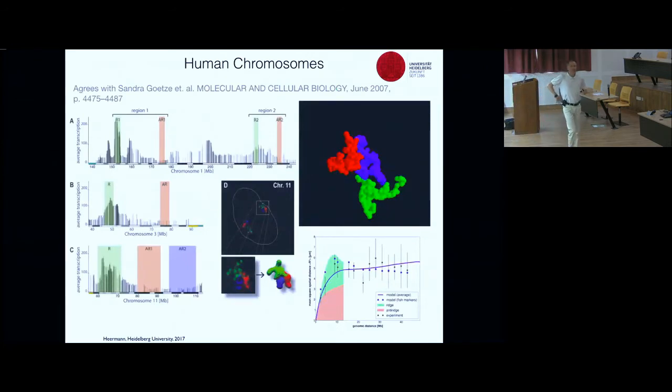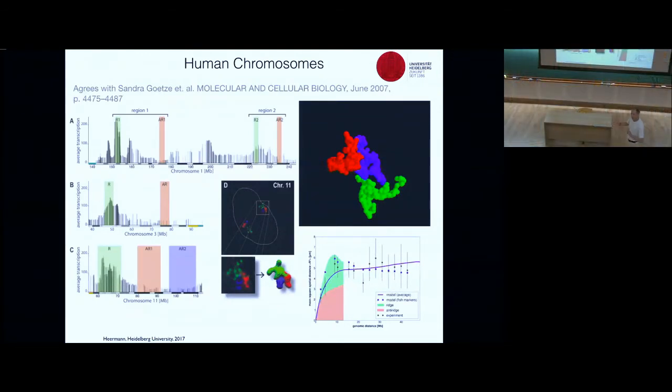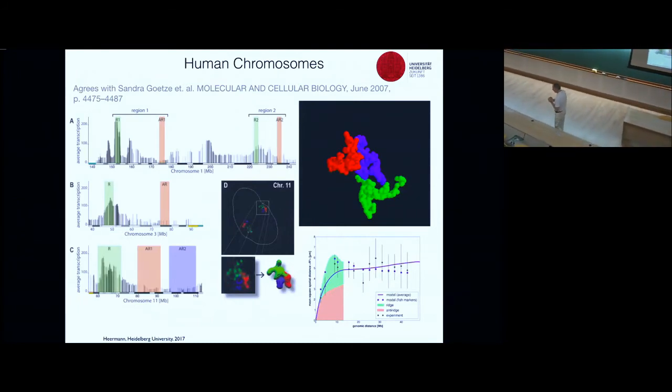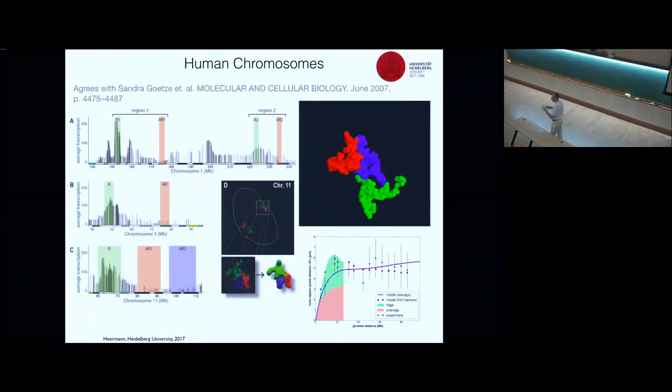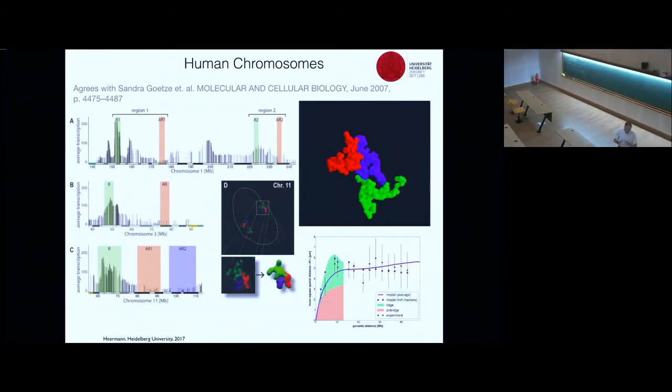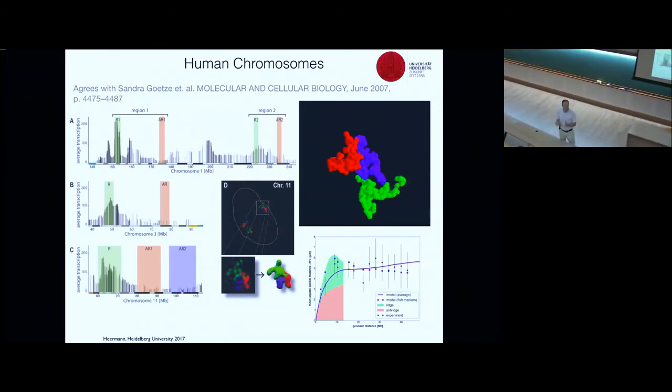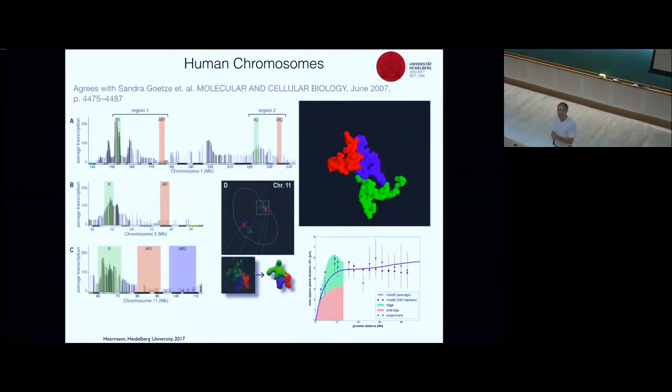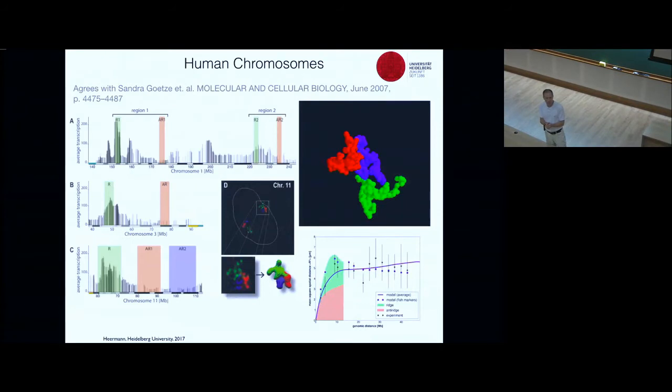Now, let's see how this actually organizes your chromosome. I told you that we see these globules, and I told you also that we have this entropic repulsion. The message in this one experiment was that the regions where you see increased transcriptional activity are much less compact than the ones where you see no transcription going on.